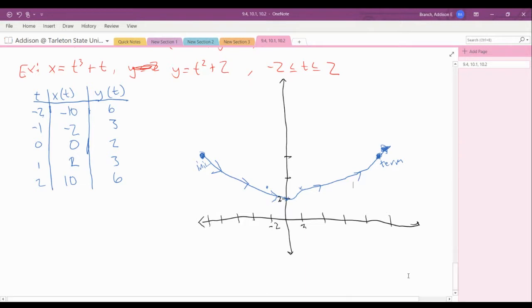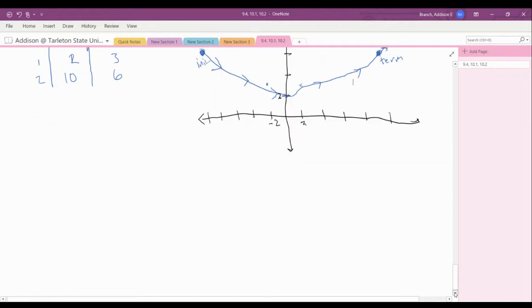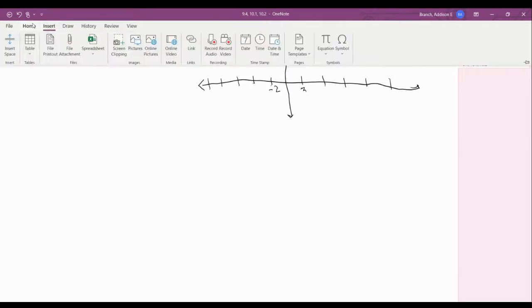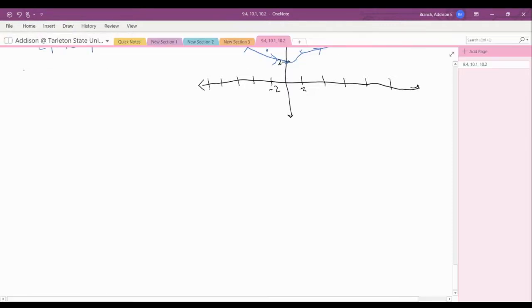Now, you may have some instances where you can go ahead and actually eliminate your parameter. So in some cases, you can convert from parametric to Cartesian.